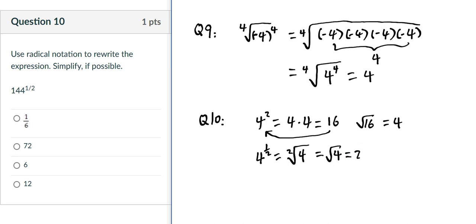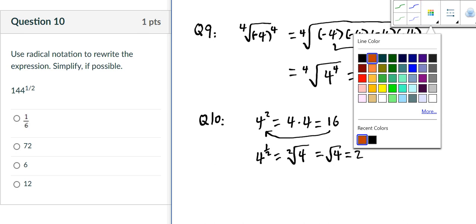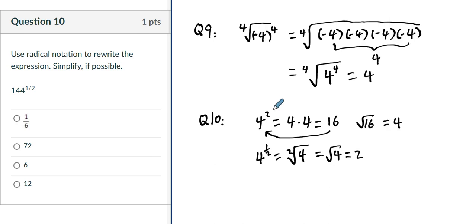So you actually get 2. And from here, we want to be clear. If it's an integer, you do it this way, 4 times 4, twice. If it's a fraction, 2 on the denominator of the exponent, you choose the square root.